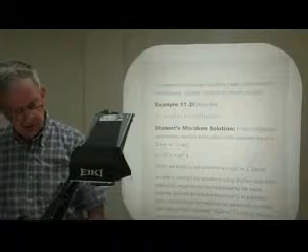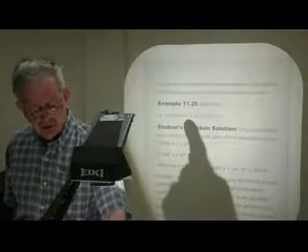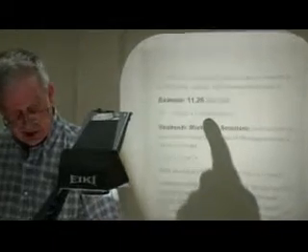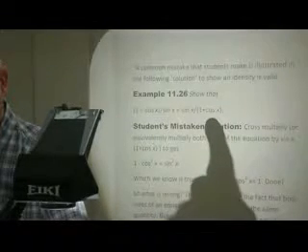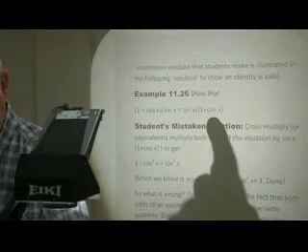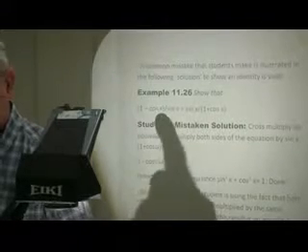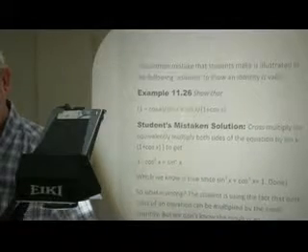If you let x go to 0, 1 minus cosine x goes to 0 and sine x goes to 0. And so you don't know what's happening as x gets close to 0. But sine x over 1 plus cosine x goes to 0 divided by 2, which is 0, as x goes to 0. So the right-hand side is more useful than the left-hand side for the problem of finding out how this function behaves when x is close to 0.